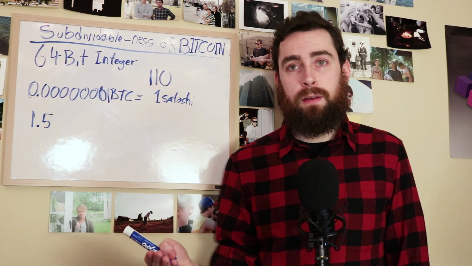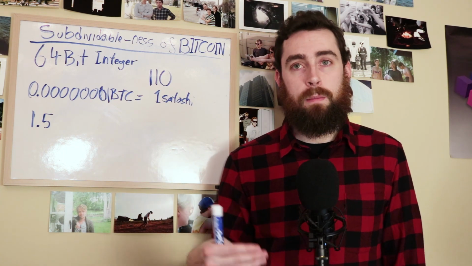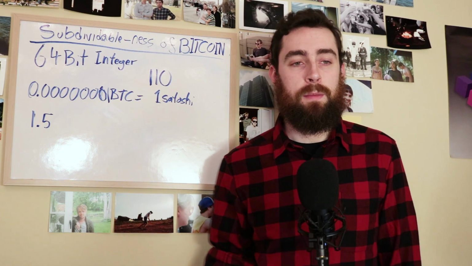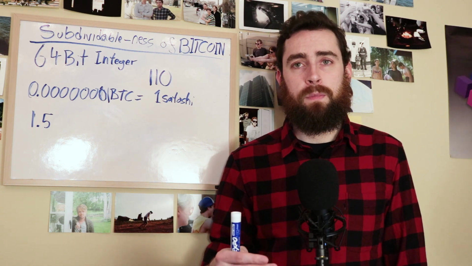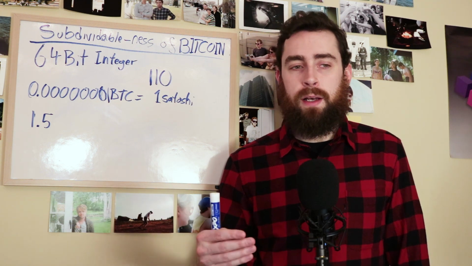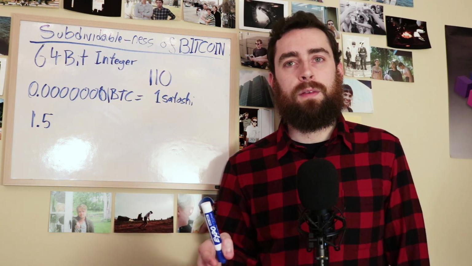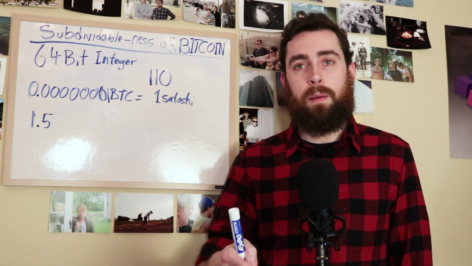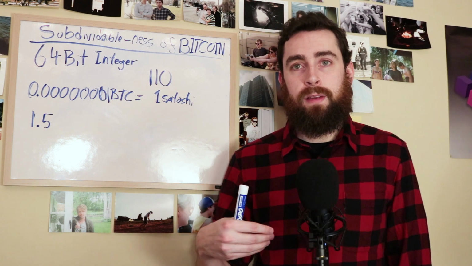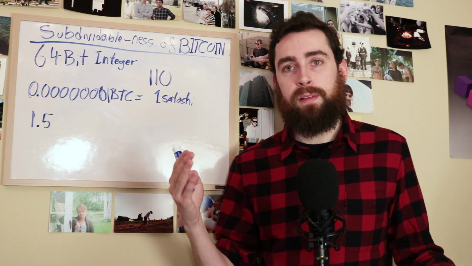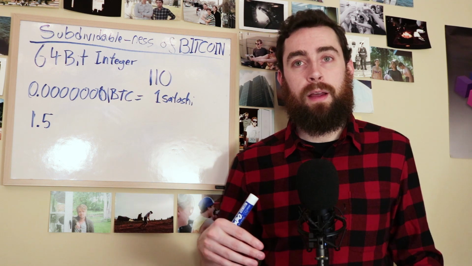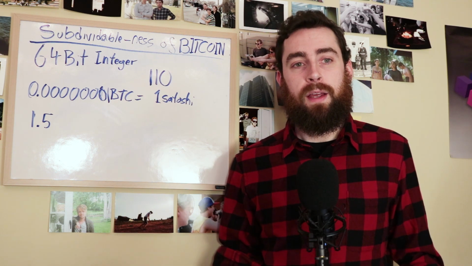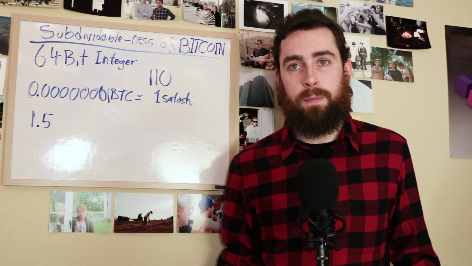We have the same problem with binary numbers and floating point numbers in computers, but with numbers like 0.1. Binary doesn't have any accurate way to represent 0.1 in the same way that decimal, base 10, doesn't have any accurate way to represent 1 over 3 as a decimal.